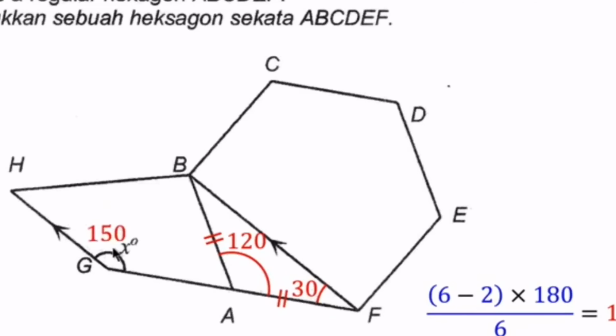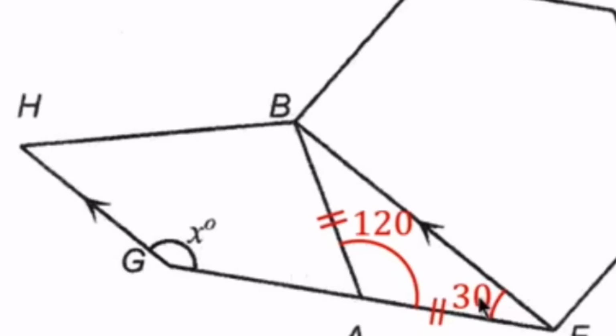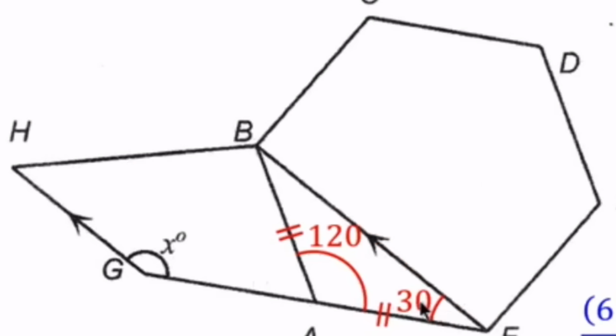We take 180 degrees minus 120 degrees, divided by 2, so we get 30 degrees for F. And because both lines are parallel, X and 30 degrees when you sum up should be equivalent to 180 degrees. Hence X is 180 minus 30 degrees. So the answer is 150 degrees.